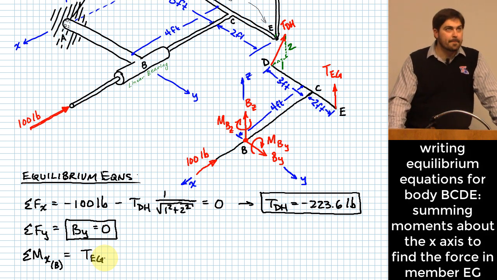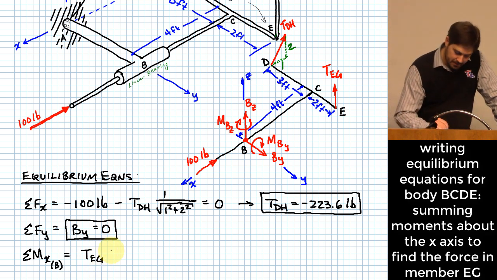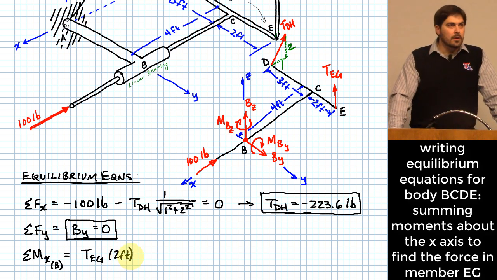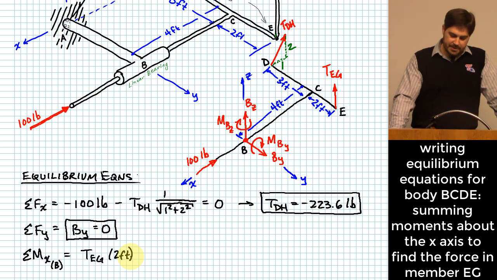multiplied by what? 2 feet. Okay. What other effects do I have rotationally around this axis BC, this x-axis? Okay. I heard someone say the vertical component of force TDH. Okay, and that's really good, right?